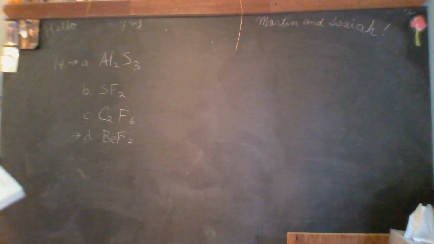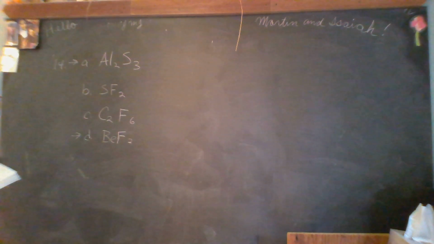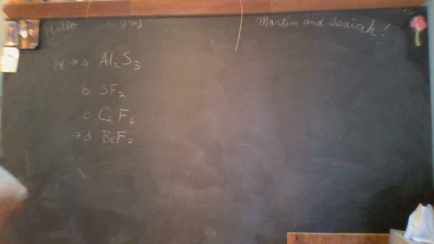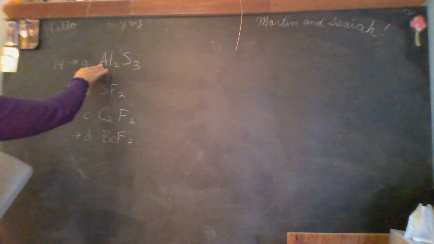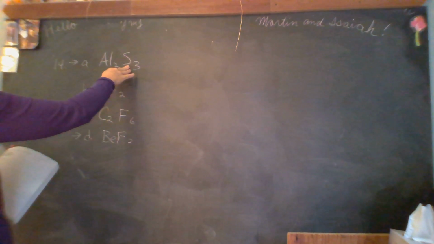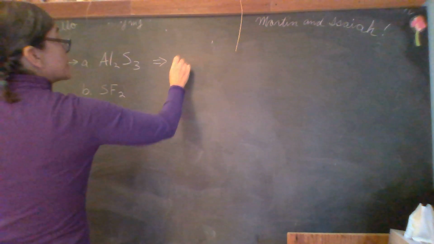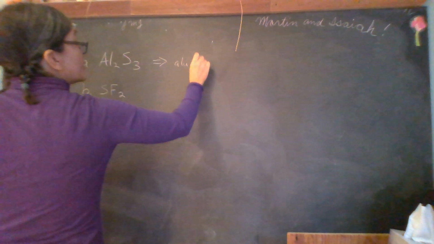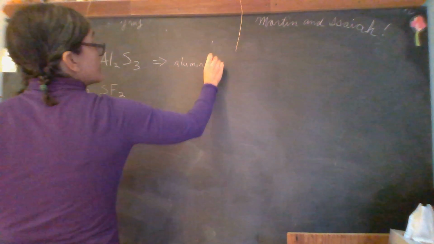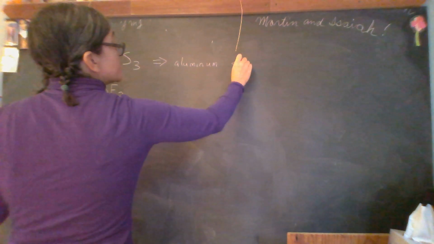With ionic compounds, we do not use prefixes. With covalent compounds, we do. So here I'm not going to say dialuminum. I'm just going to say aluminum, and the sulfur I'm going to change to sulfide. So this becomes aluminum, unless you're British, and it's aluminium.